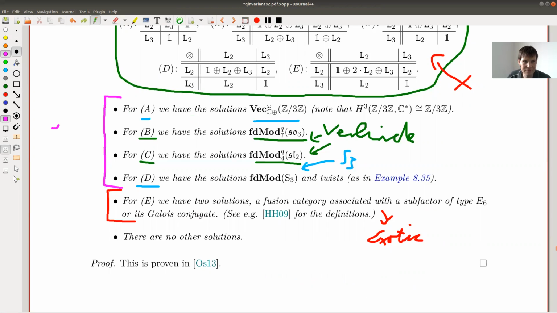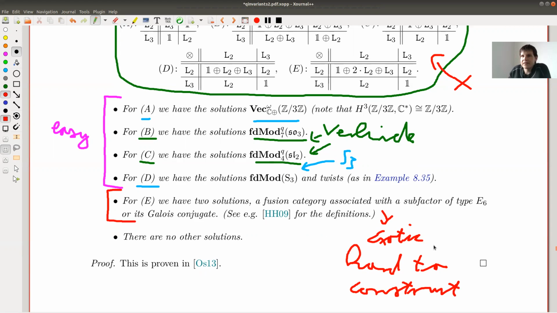And the exotic ones are usually hard. They're really hard to construct, and you kind of need to find some tools to even write them down. Anyway, this is just to give you a flavor of what's going on.